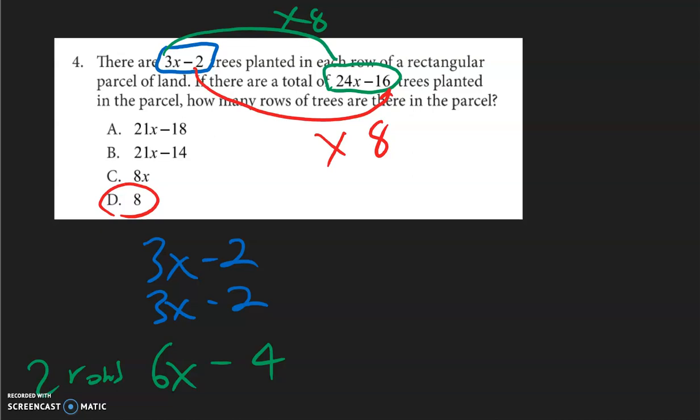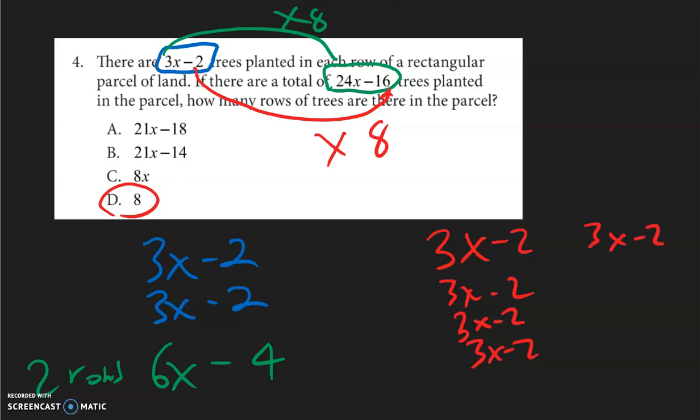So let's write this out to help you see it better. So let's have 3 rows of 3x minus 2. So 3x minus 2, 3x minus 2, 4, 5, 6, 7, 8. So we combine like terms. Let's put all the x terms together.